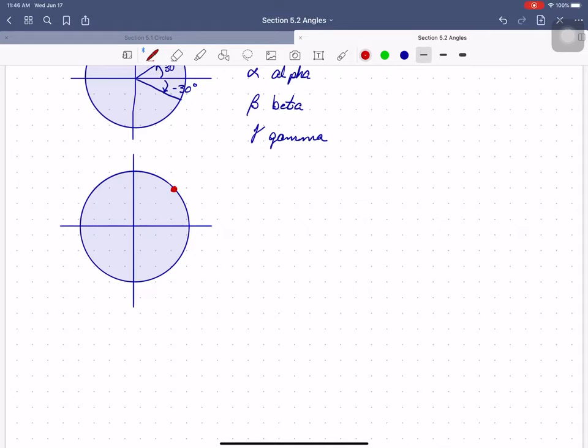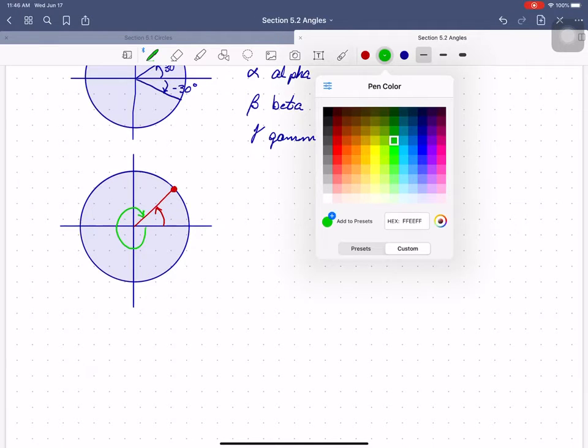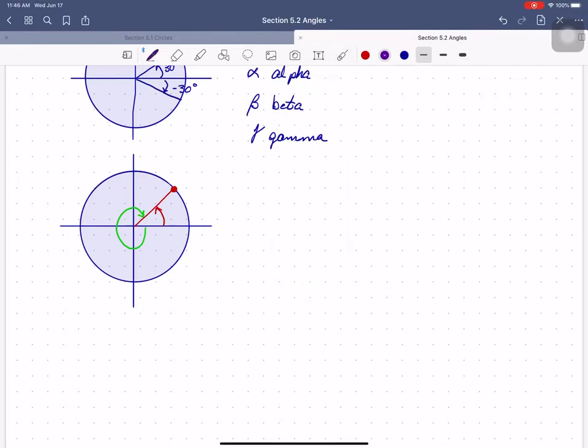I can take the short way and stop, right? But what else could I do? Well, I could be contrary and go backwards. I could also go the really long way and go past it and come back. And you can see that there's really an infinite number of combinations here.